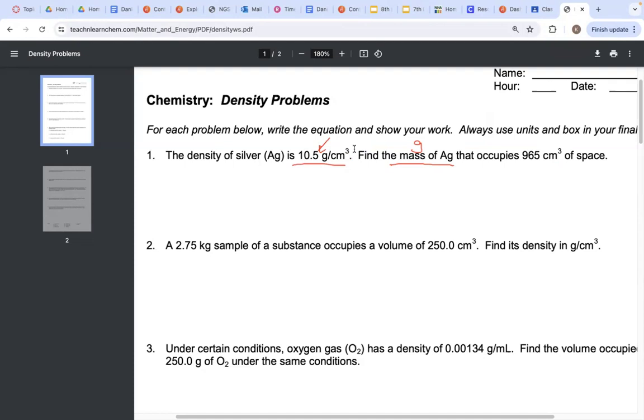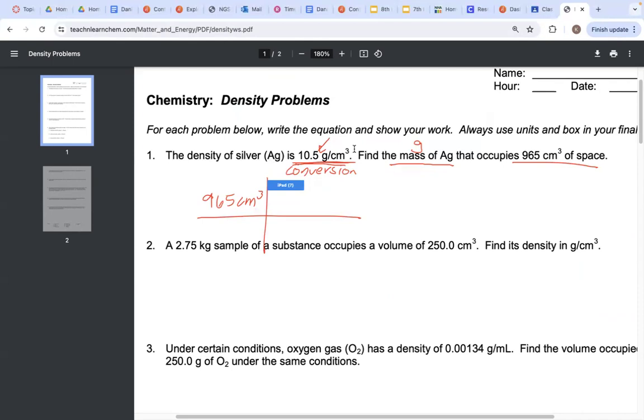So our conversion factor, our density, it's always something per something, right? That's a conversion factor, and we never want to start with that. We want to start with our given, which in this case is the 96.5 centimeters cubed. All right, so that's our given.